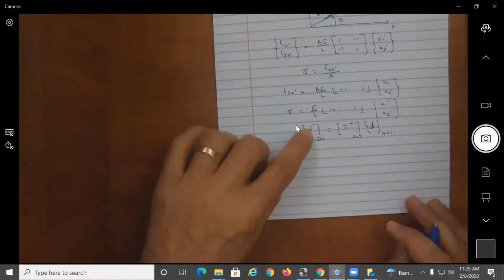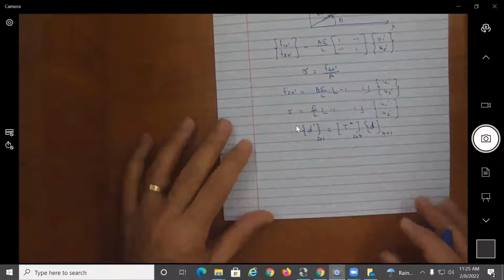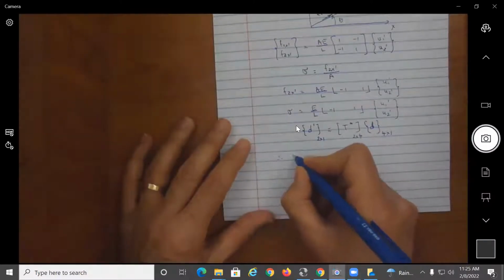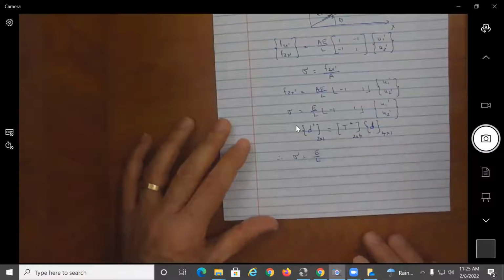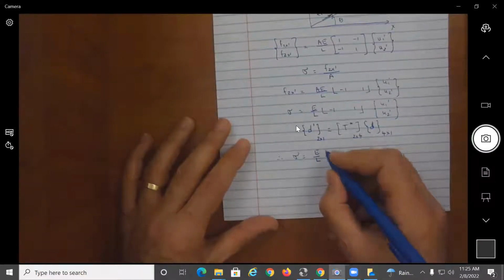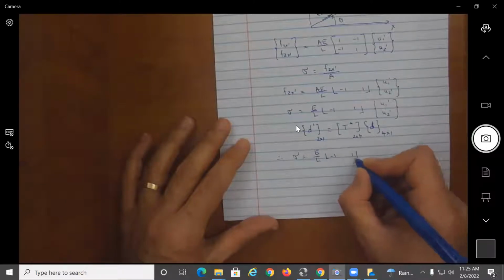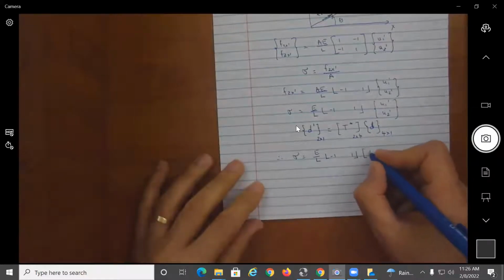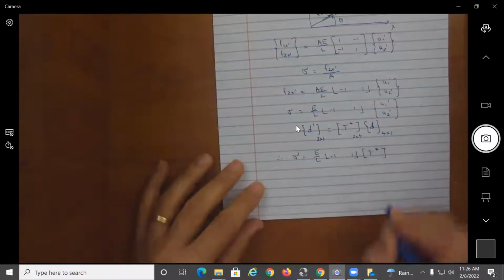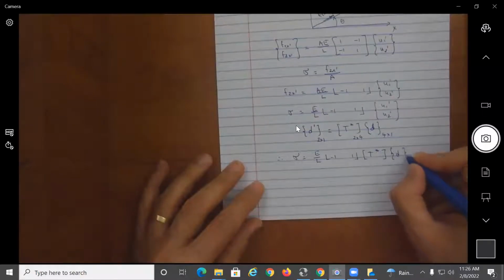So if I use this D prime to substitute for U1 prime, U2 prime, we can write sigma then is equal to E over L multiplied by minus 1 and 1 multiplied by T star times D.